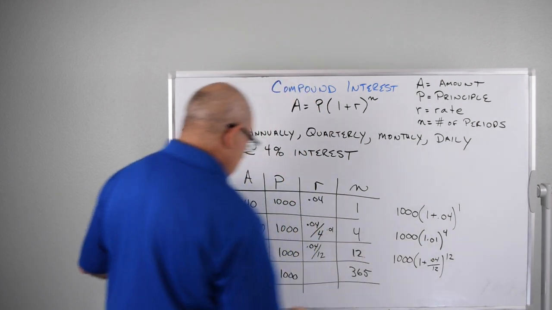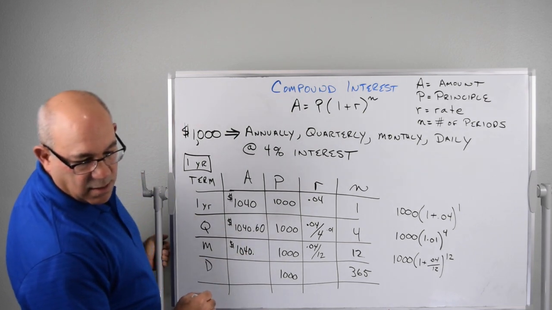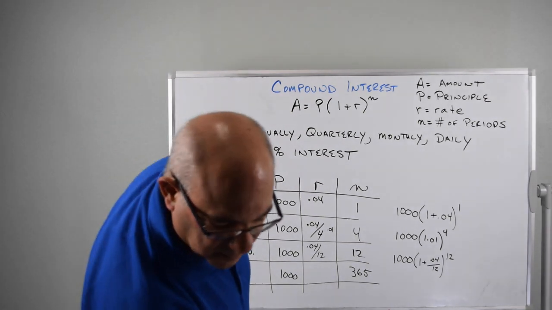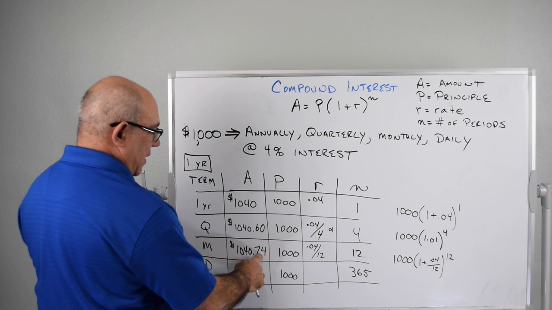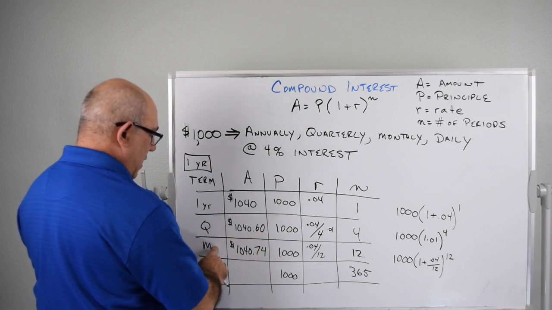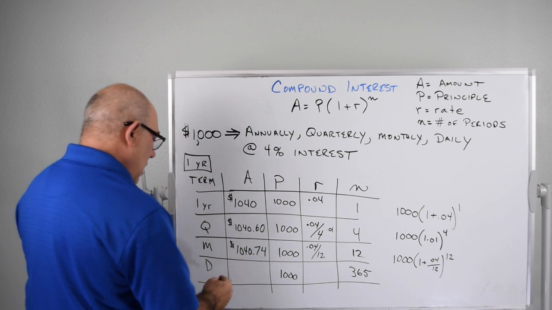So if you do that math, you get 1040.74. Okay, so now you've made 74 cents, a little better than the quarterly and a lot better than the yearly. Not a lot better, but better.